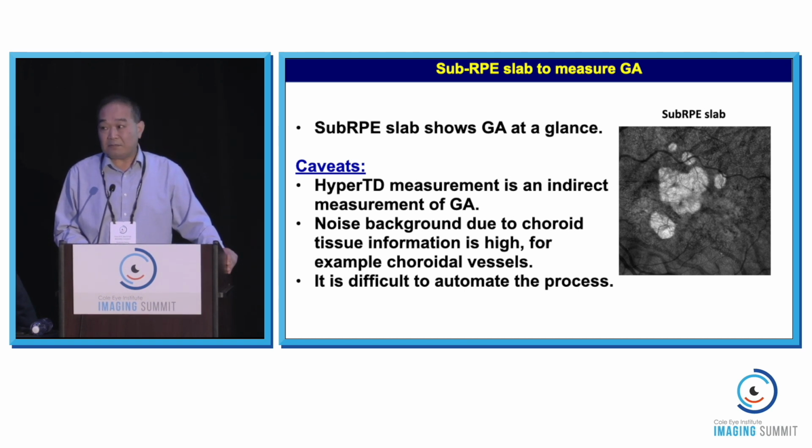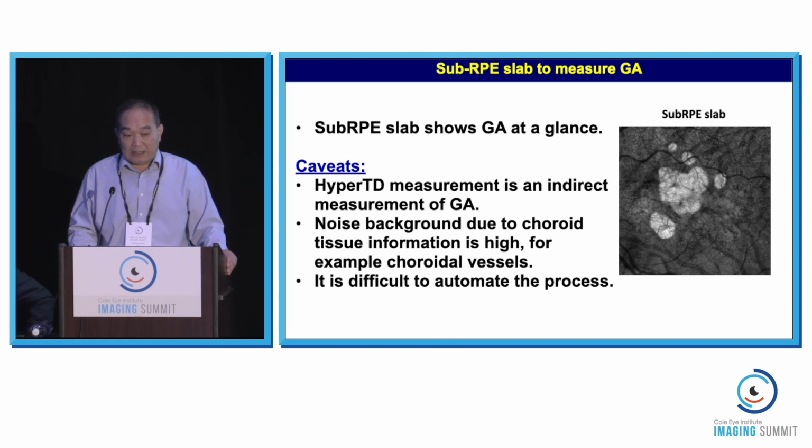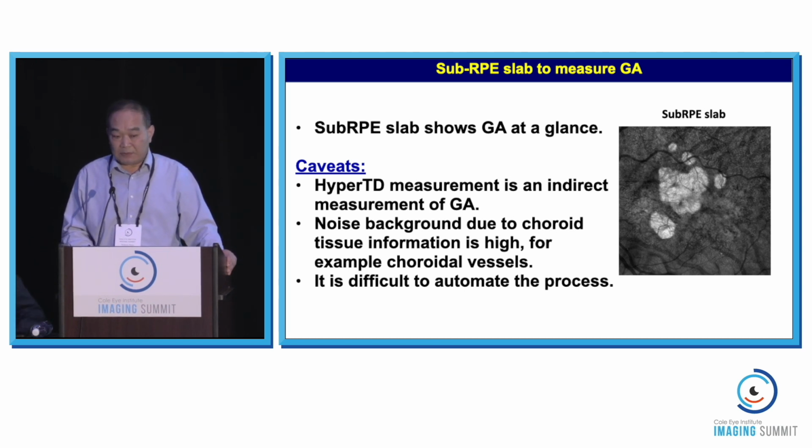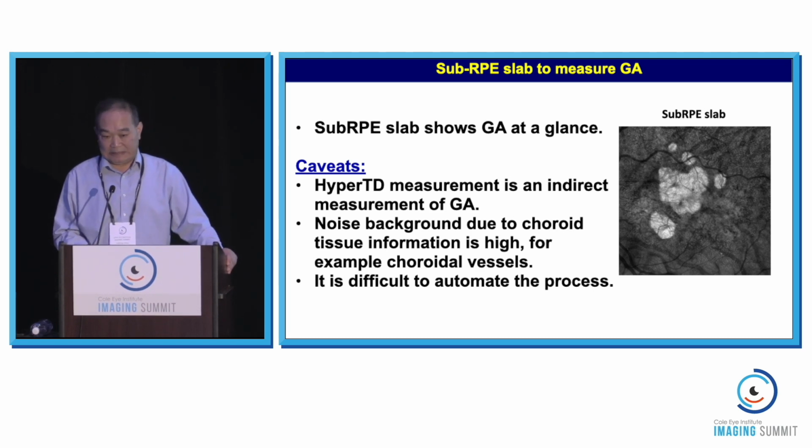However, there are some caveats, and hyperTD measurement is actually an indirect measurement. It basically measures artifacts in the choroid. And the noise background in the choroid is pretty high, for example, the choroidal vessels, which sometimes will give you some difficulties if you want to automate the process to quantify the hyperTDs or GA.